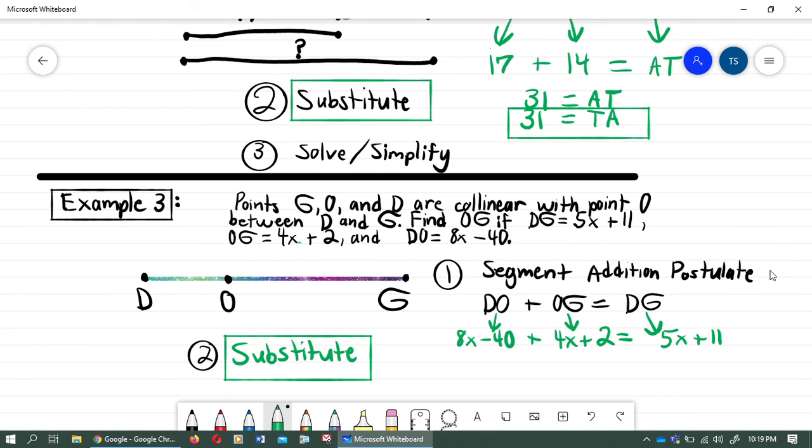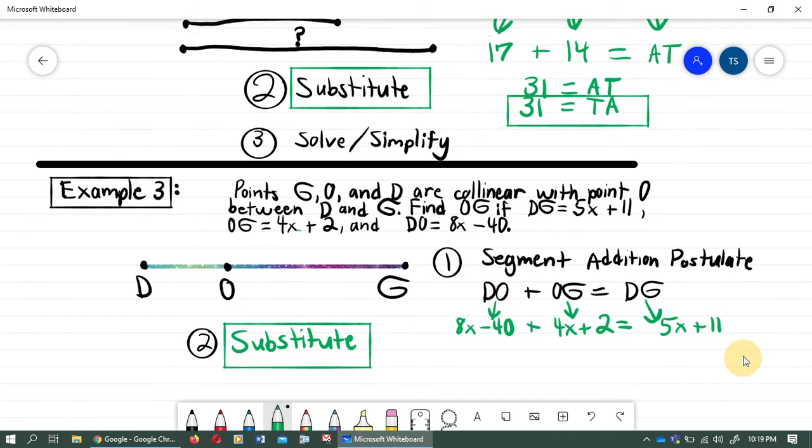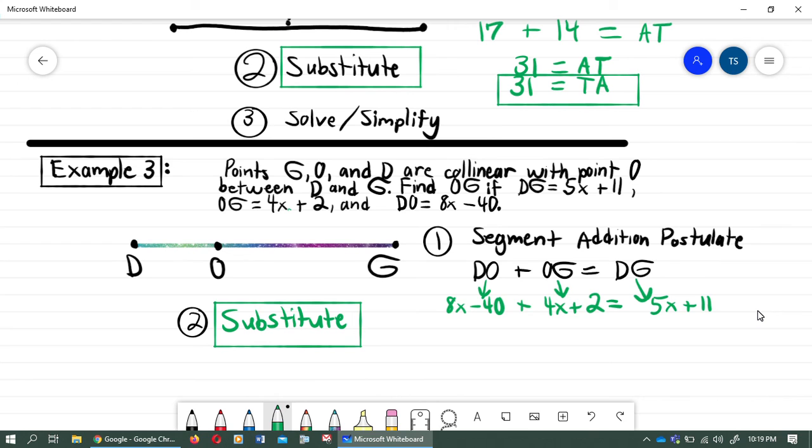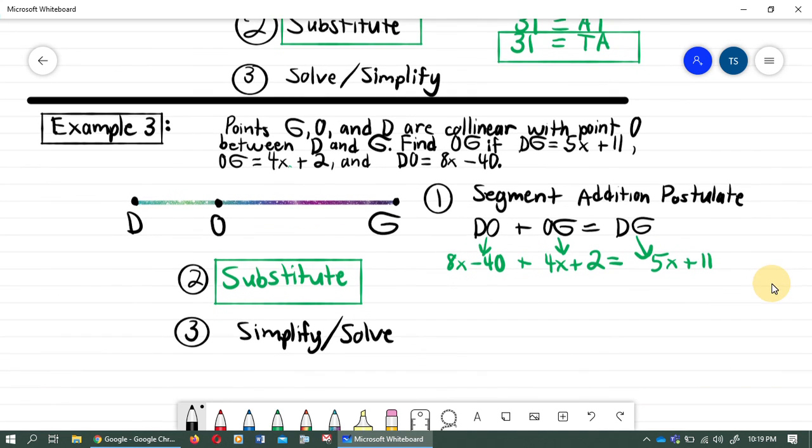All right, so we're going to go ahead on and we're going to work this out, right? We're going to solve this equation. That's going to be the last thing that we're going to do. We're going to simplify and we're going to solve. Whatever it is that we need to do to finish solving. And guys, actually, in this one, first we need to solve for the variable.